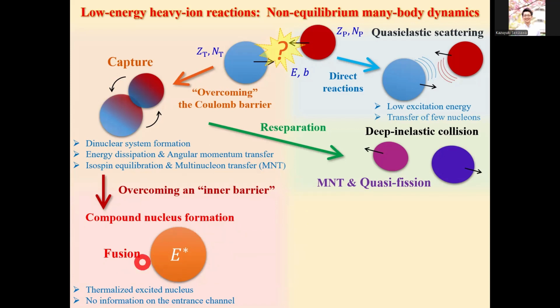In this case, after this compound nucleus formation, the information of the entrance channel almost vanishes. Only the excitation energy, parity and angular momentum, such basic quantities, remain, but the information about the projectile and target nuclei is gone. So this is a summarized excited nucleus, and this is a fusion reaction.